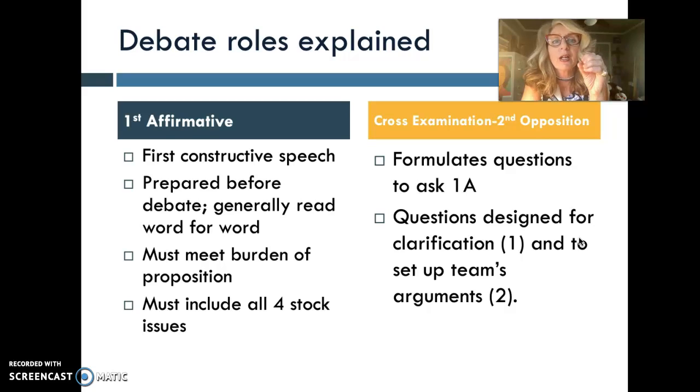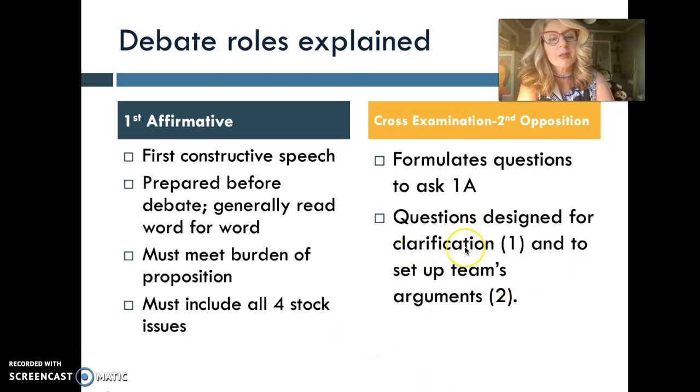It actually sets up a question in the mind of the audience about their proposition. So then when it's the first opposition's turn to give their side of the debate, they will have already entered those ideas through the questions, and that won't be new information. It'll just reiterate what their position is.